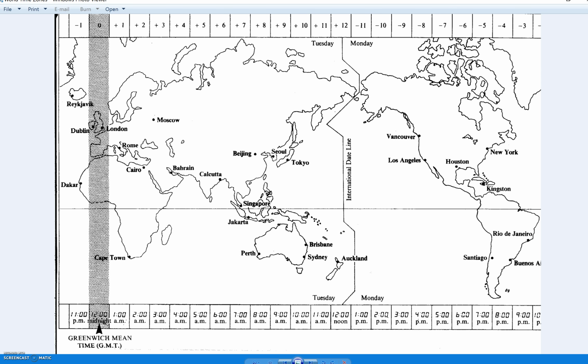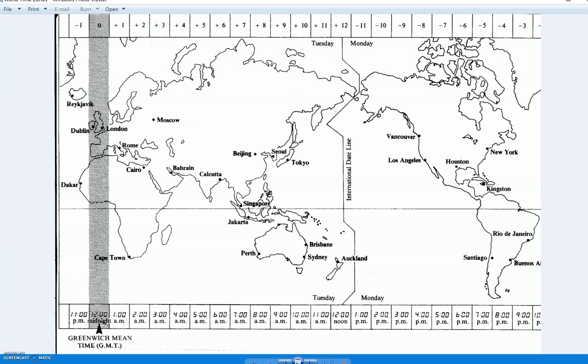Now, if we keep traveling further over, that's where the international dateline passes. It's not a straight line. It works around countries and things like that. What the international dateline is all about is that the countries past that point are going to be in the next day. So the date's changing there.